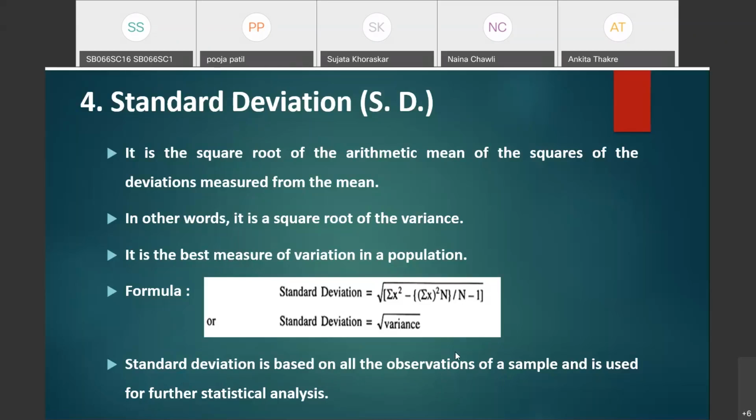All the observations of the sample are taken into consideration for the calculation of the standard deviation, and that's why it is the measure which is used for further statistical analysis.